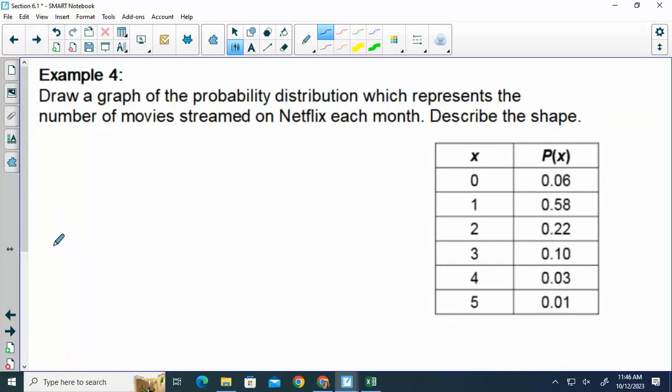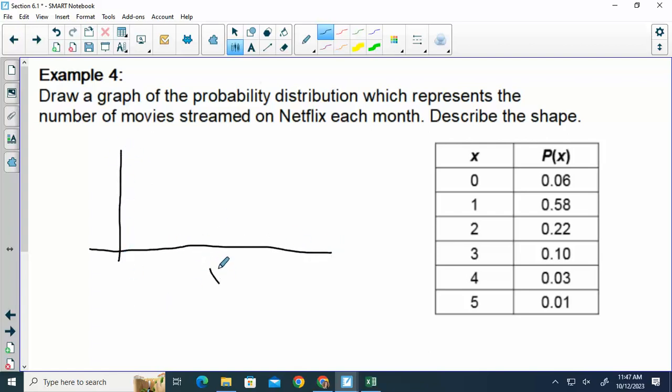So let's look at this. We want to draw a graph of this probability distribution, which represents the number of movies streamed on Netflix each month, and describe the shape. It didn't really tell me what kind of graph. We could do a bar graph. I'm just going to do a very simple graph here.